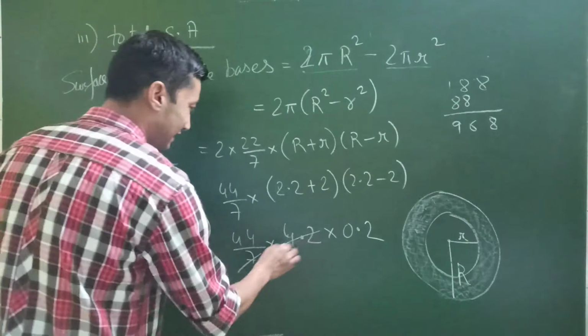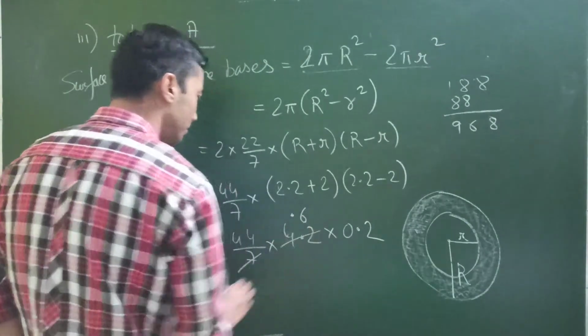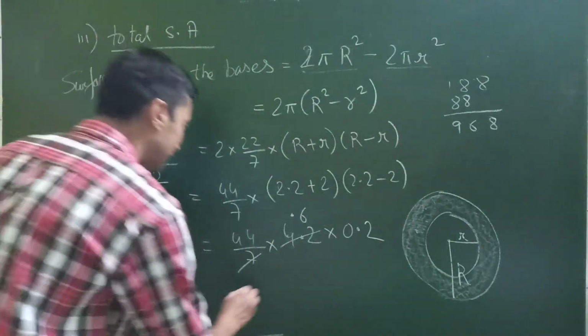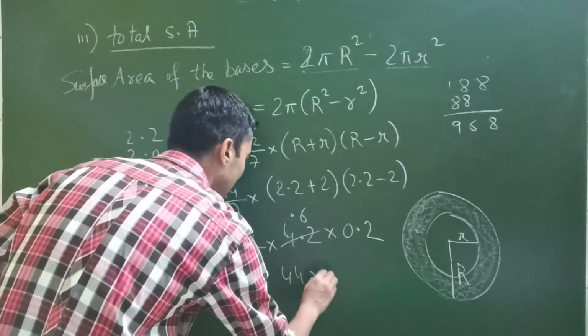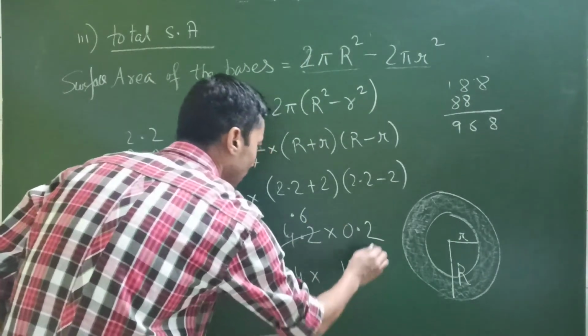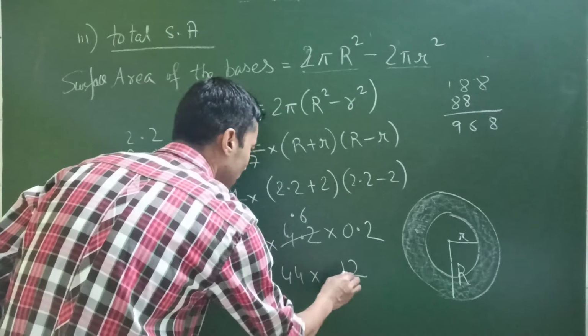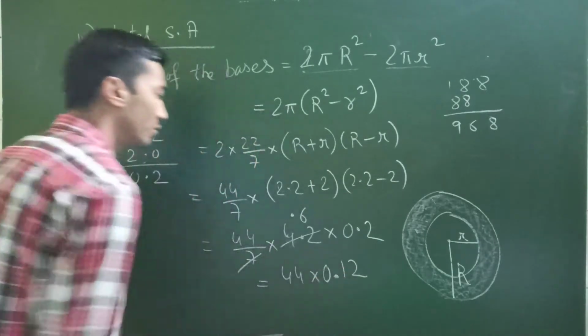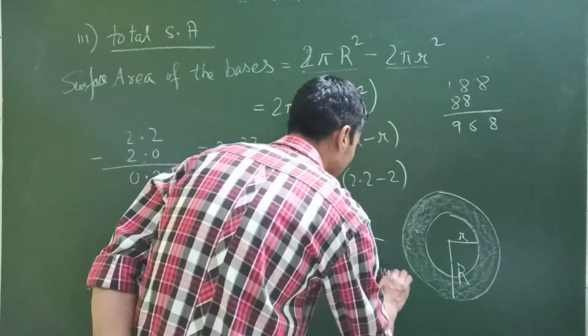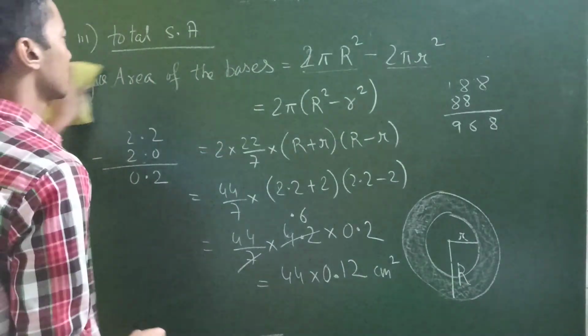Now 7 sixes are 42, but it's 4.2, so that's going to be 0.6. So that's 44 into 6 twos are 12, 1, 1. We have two decimals, so 0.12. Of course, let's not forget to write the unit, centimeter square.